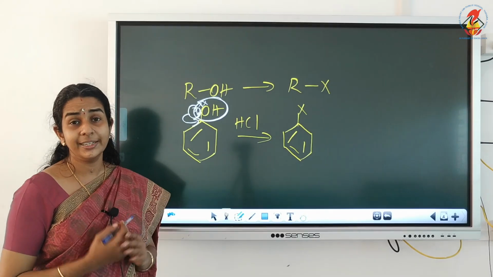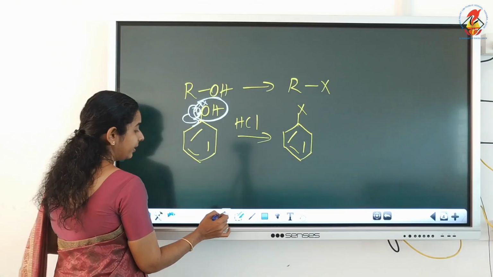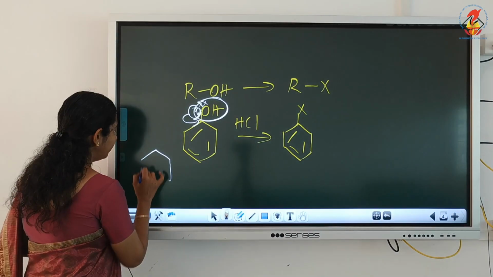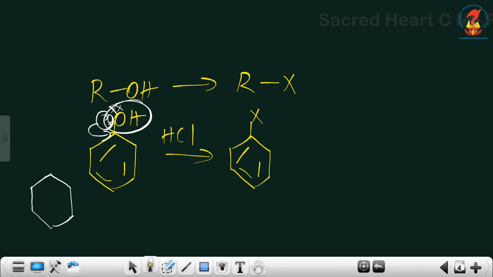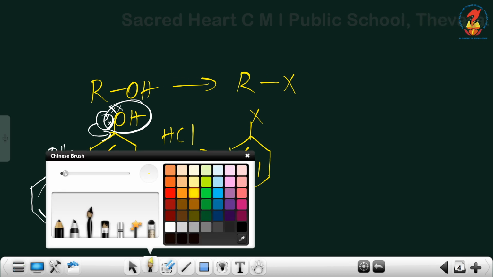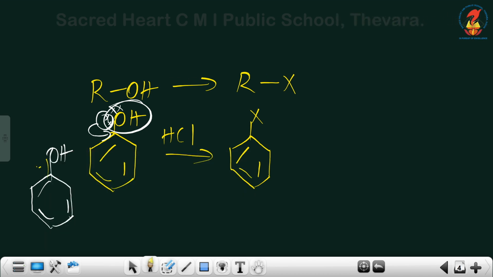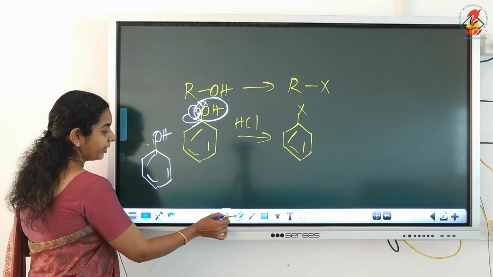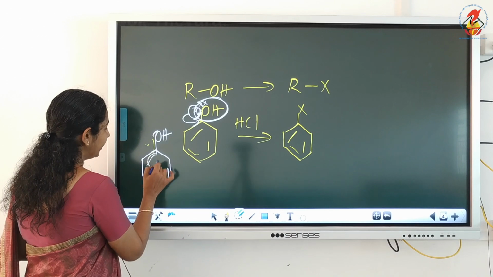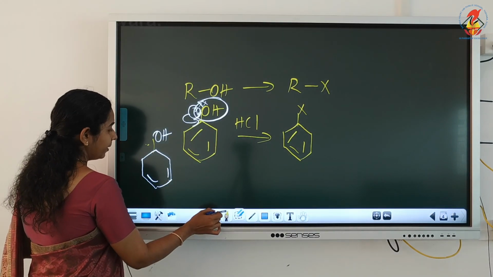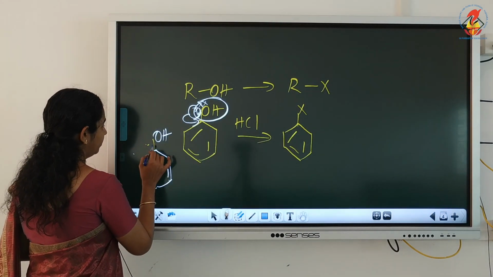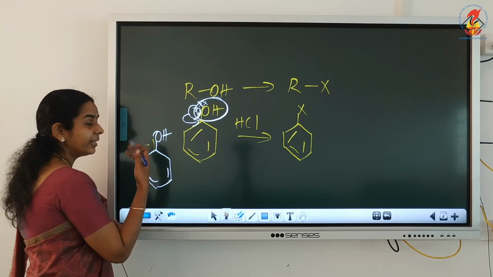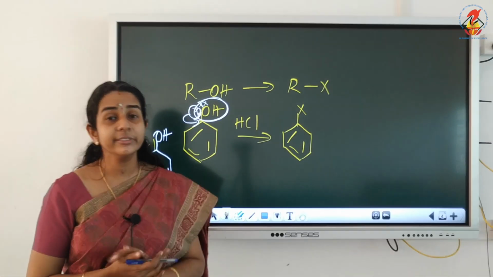And due to resonance in phenol, there is a partial double bond character. The carbon oxygen bond has a partial double bond character. When the double bond comes here, definitely this will go. Okay, that will come in the resonating structures.